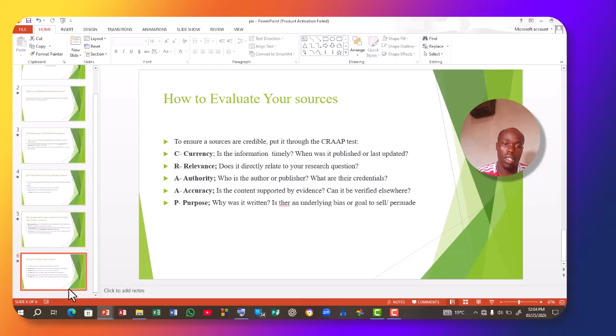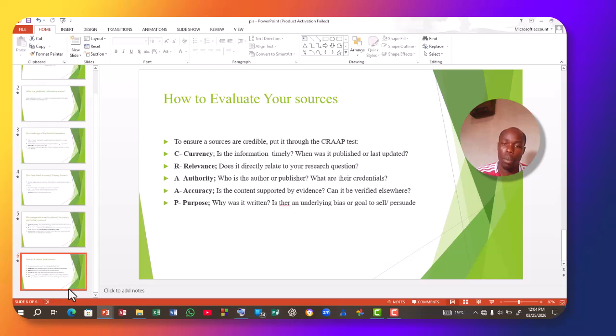Number one is currency, which asks: is the information timely?